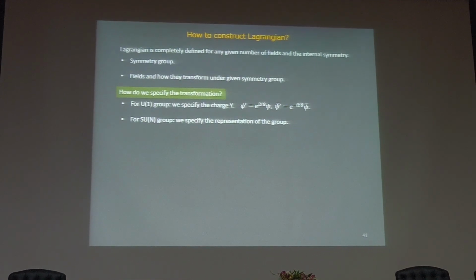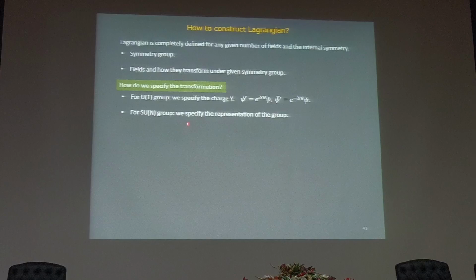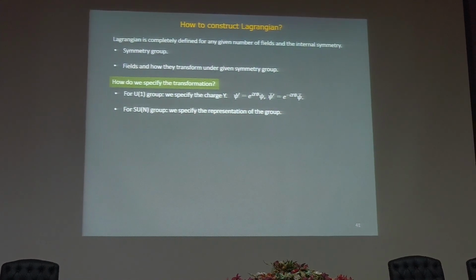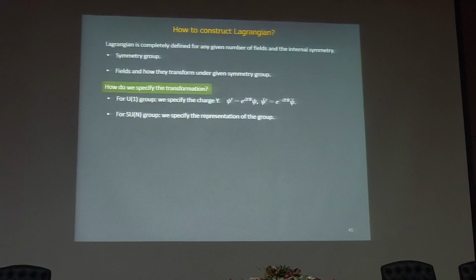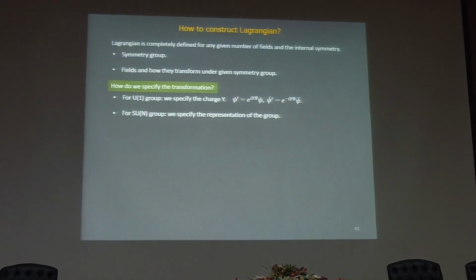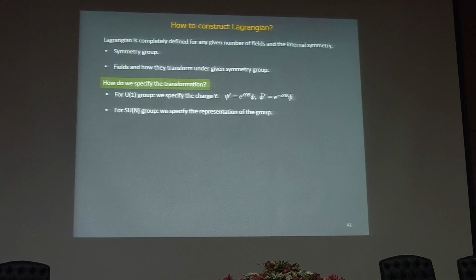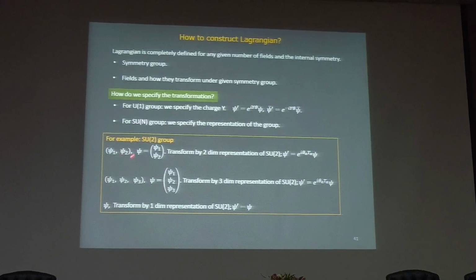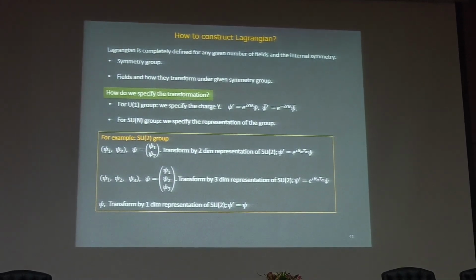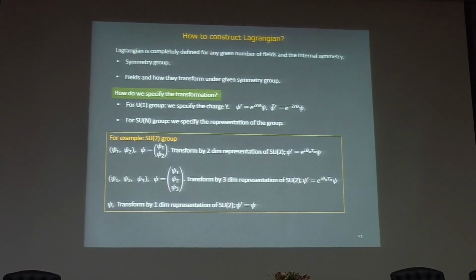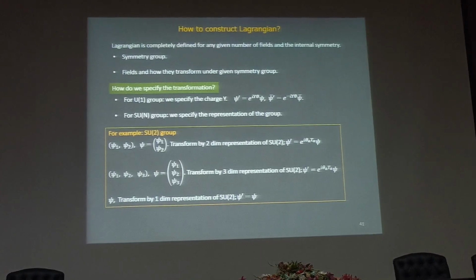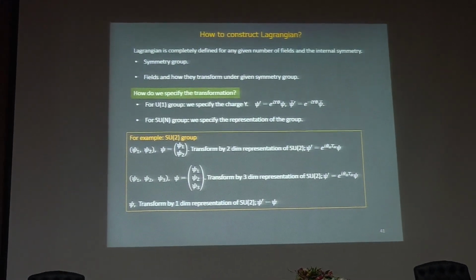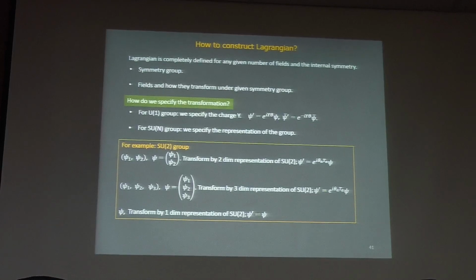And if your group is SU(N) group, then in this case we specify the representation of the group, meaning which representation is followed by the field to get transformed. For example, if you have two fields and the group is SU2, then these two fields may transform by the 2-dimensional representation of SU2.